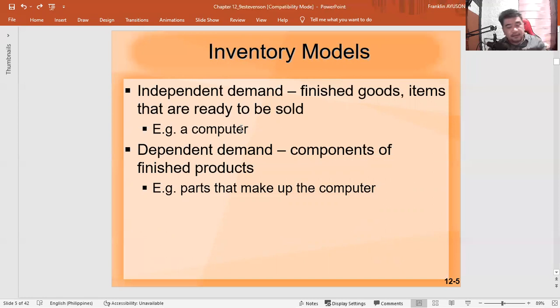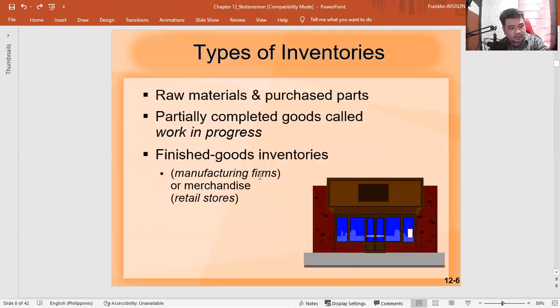While the dependent demand items are the components of the finished goods. For example, these are parts that make up our computer, our cell phone, or our television. So the main difference is that independent demand items are the finished goods, while dependent demand items are the components of finished products.